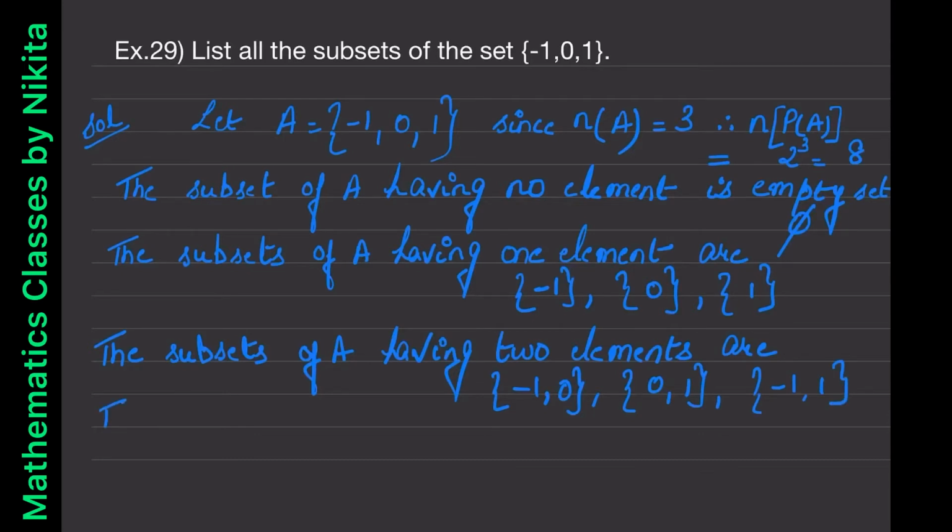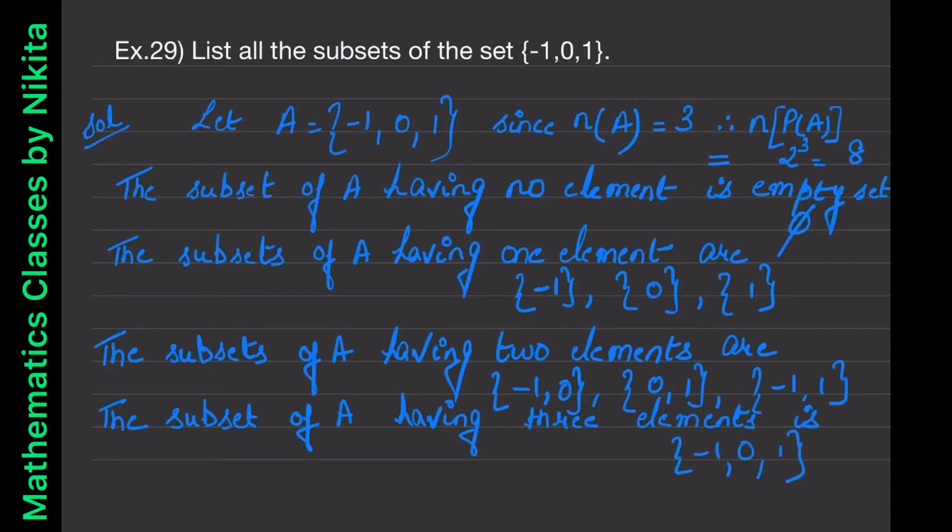And in the last, having all the elements. So the subset of A having 3 elements is A itself. So it is just {-1, 0, 1}.